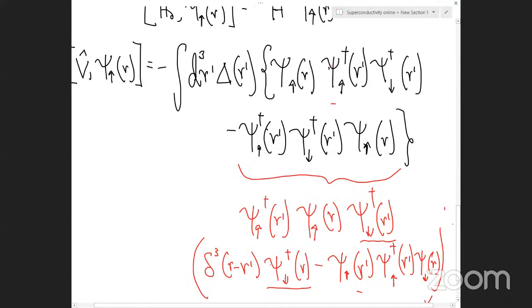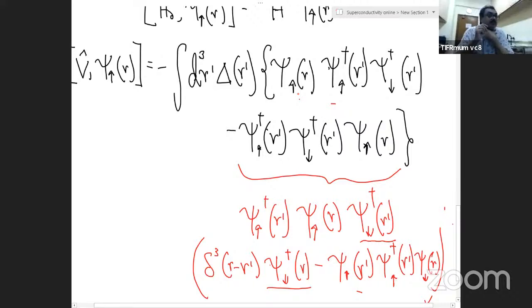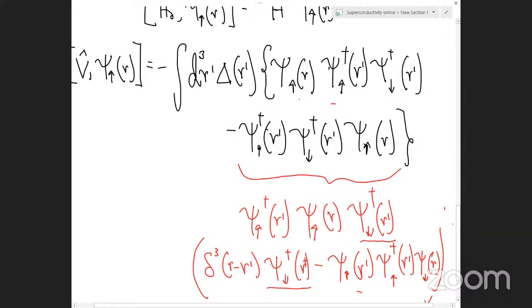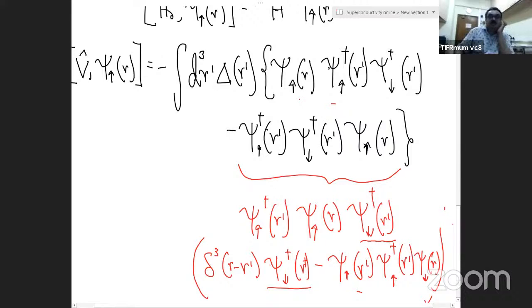Alright? Okay, sir. Then there should be an R prime, right? There should be an R prime. Yes. And then in the second term, the first one should be R, and the last one should be R prime.